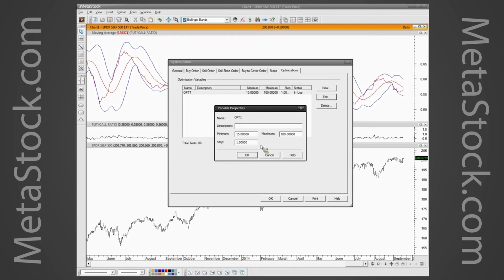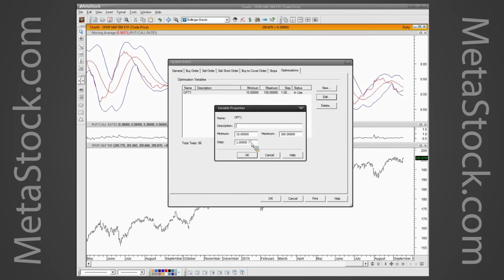So that means that the system tester is going to plug in the value of 15 for the Bollinger Band periods, test it, then it's going to plug in 16, test it, 17, and so on, all the way up to 100. It's going to produce, I guess, 85 different results.